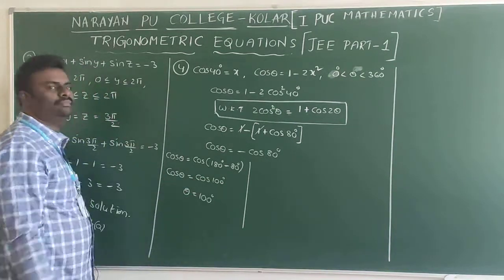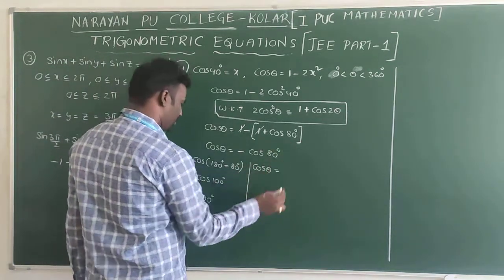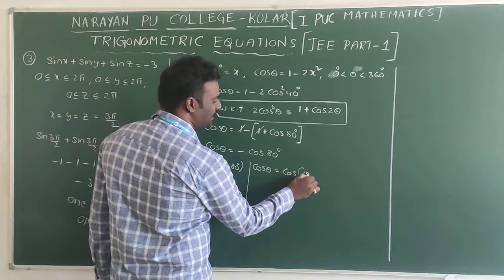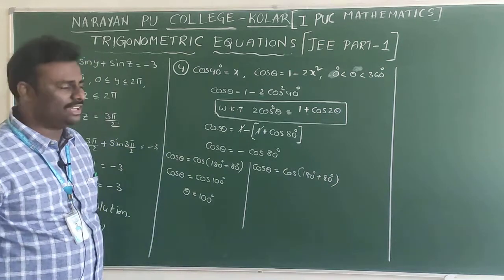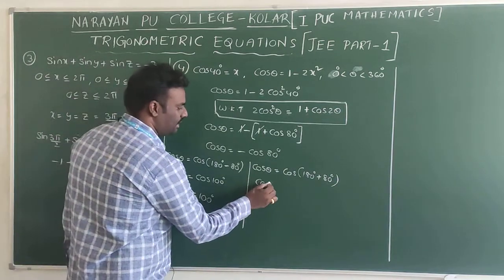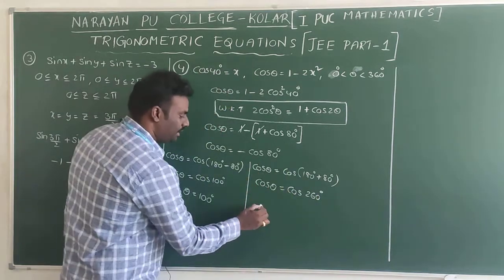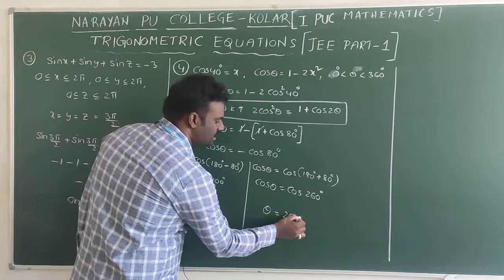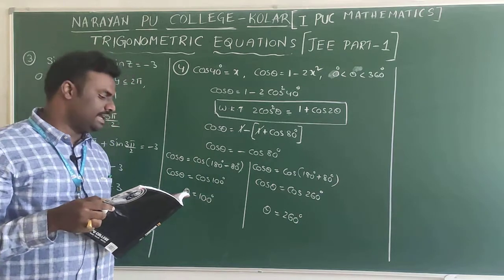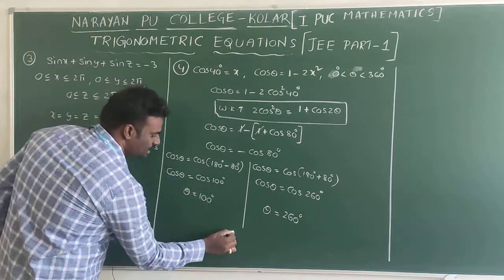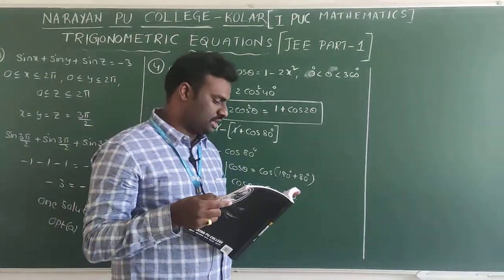This is one solution. One more I can write. Cos theta is equal to cos 180 plus 80, because 180 plus is third quadrant, also cos is negative. Then cos theta is equal to cos 260 degrees. Now theta is equal to 260 degrees. Both are in the range 0 to 360 only. Therefore, 100 degrees and 260 degrees, that is nothing but option A is the correct answer for question number 4.